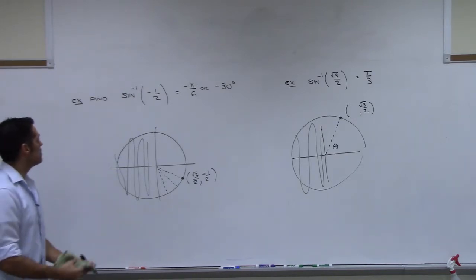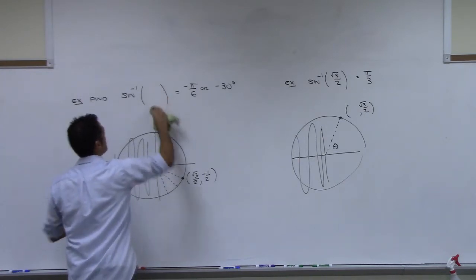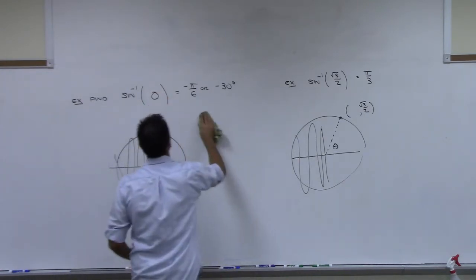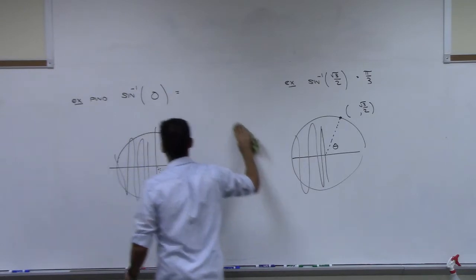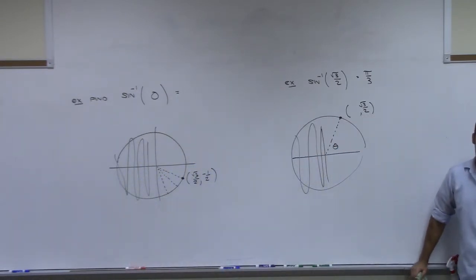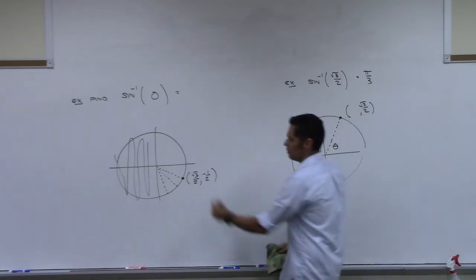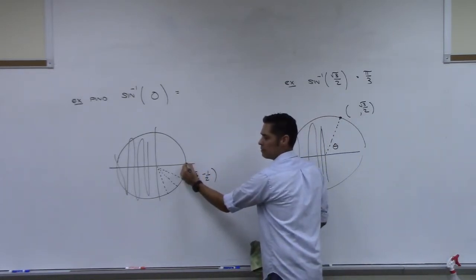Now let me try this one. What's arc sine of 0? That's asking you at what angle is your y coordinate 0. Isn't that right here?